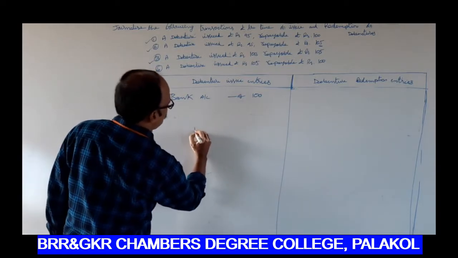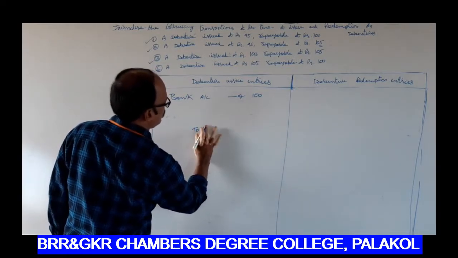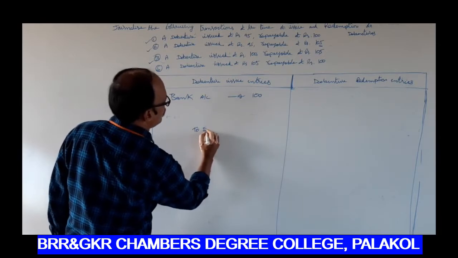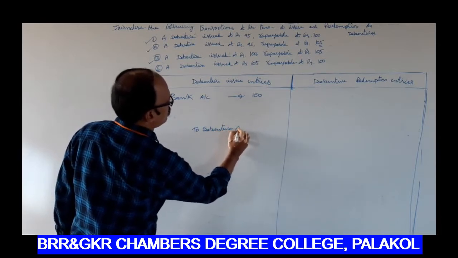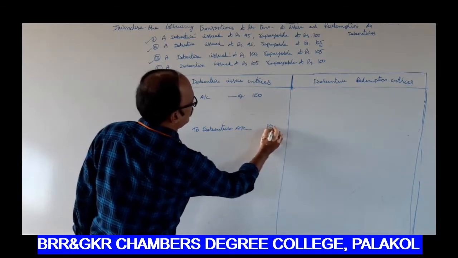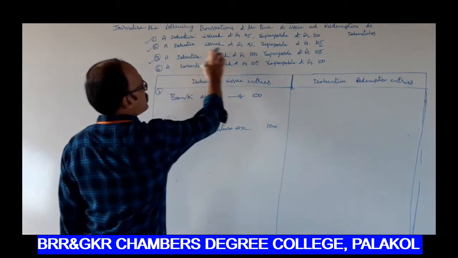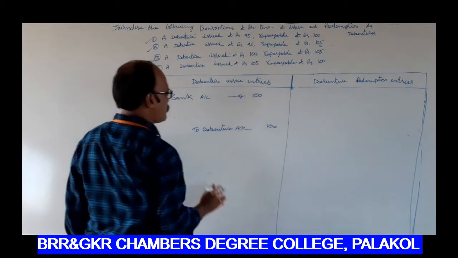So bank account debtor to debenture account 100, but how much amount paid extra? 5 rupees.